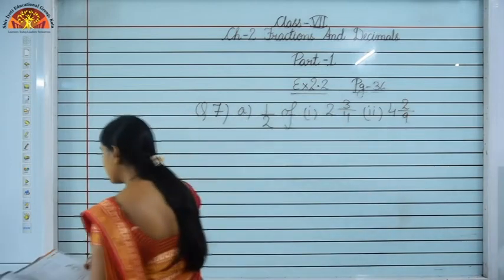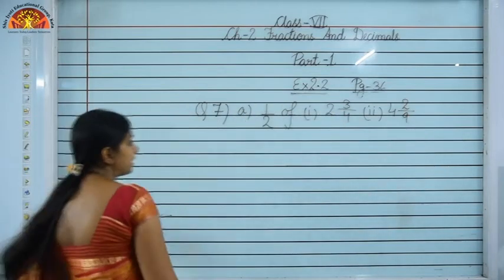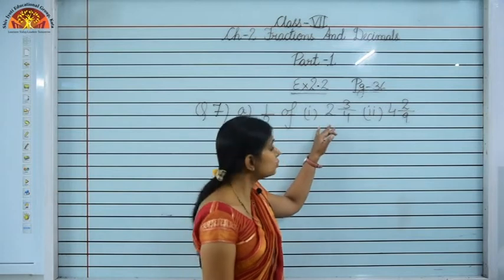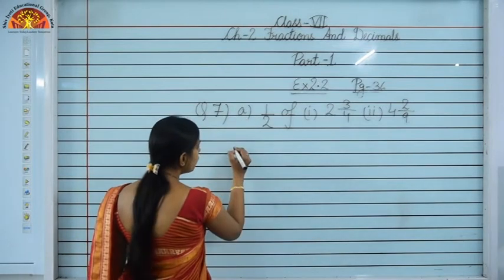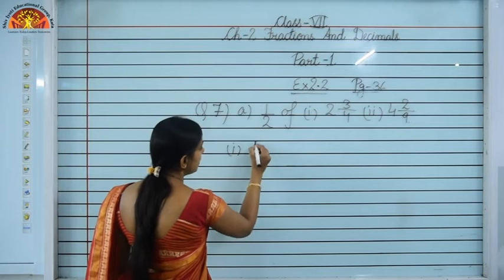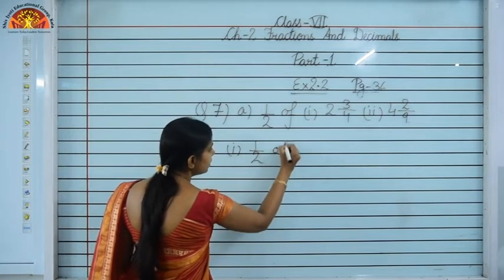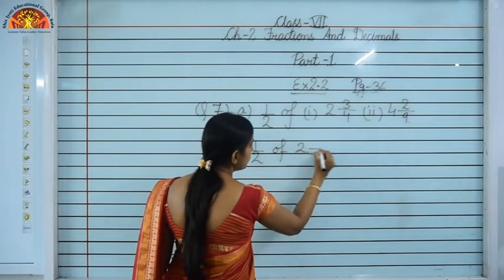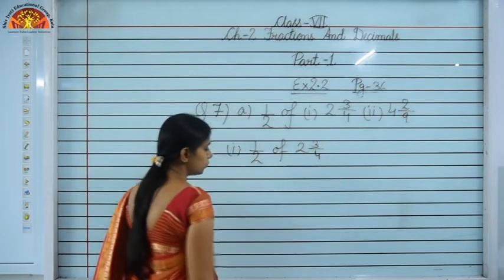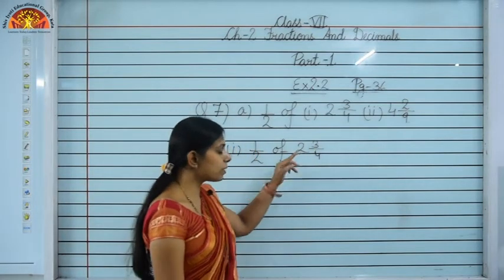Now as it has been given to you in mixed fraction, you have to convert it into improper fraction. So first of all, we'll just solve the first part, that is 1 by 2 of 2 3 upon 4.